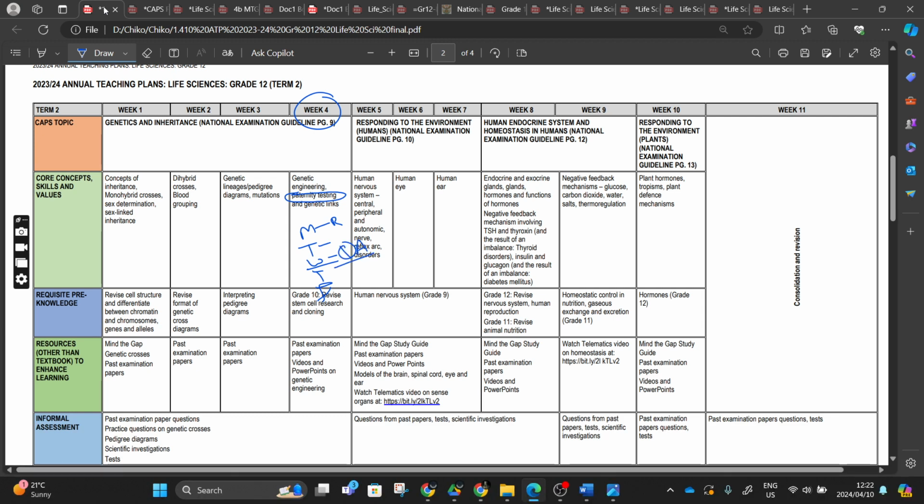Then Thursday we are going to do mitochondrial links, and this will mark the end of genetic links. So this will mark the end of this week, and then we'll do some revision, and after that on Friday we'll come and do the activity. We planned this, we were even talking about this previously.